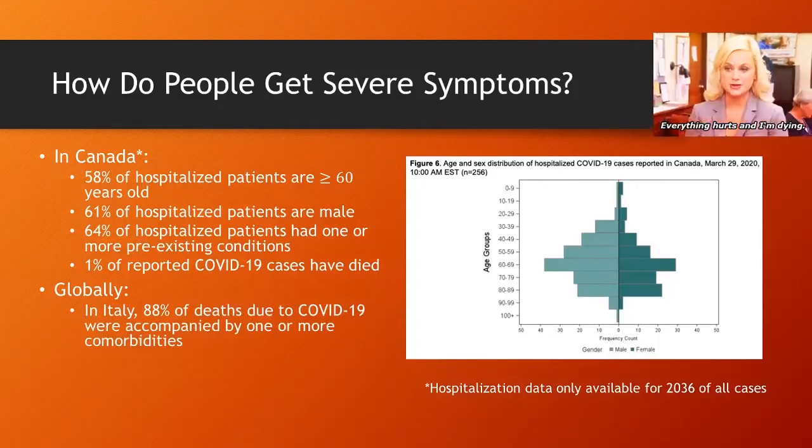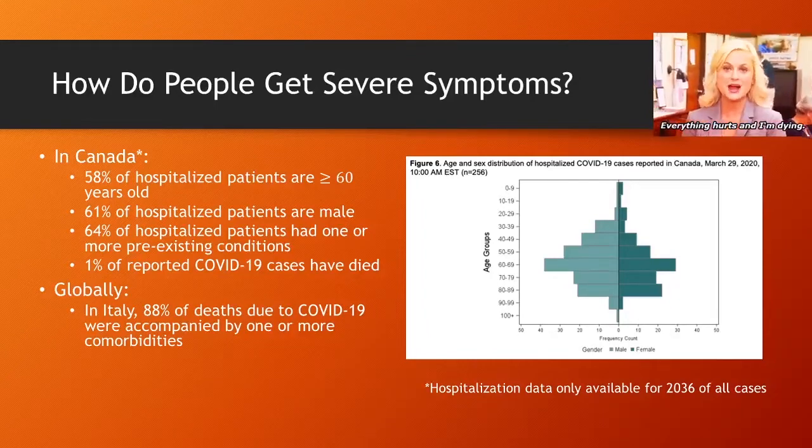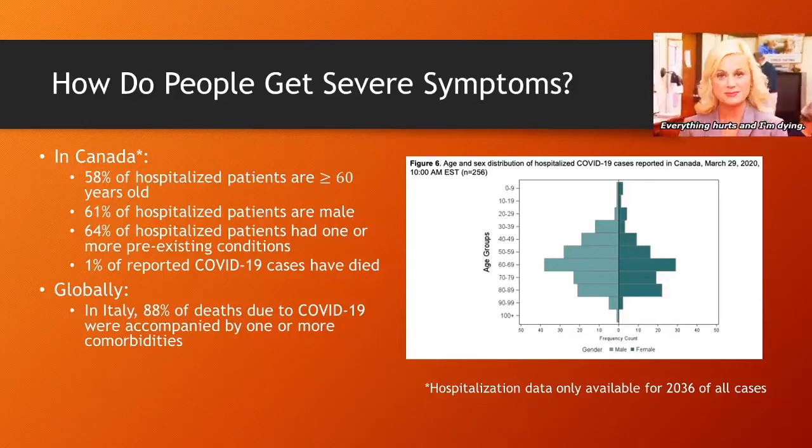Globally, in Italy, there was one hospital foundation that reported that 88% of deaths in all of Italy due to COVID-19 were accompanied by one or more comorbidities, so other conditions that they were also sick with. I find that's quite high.